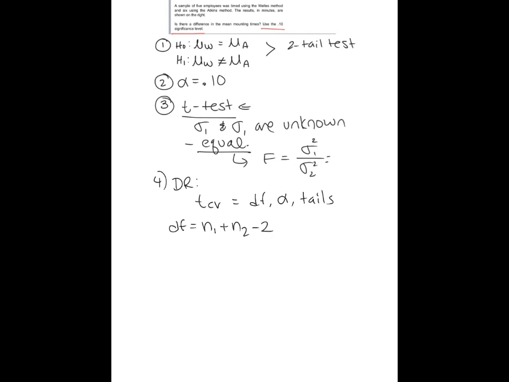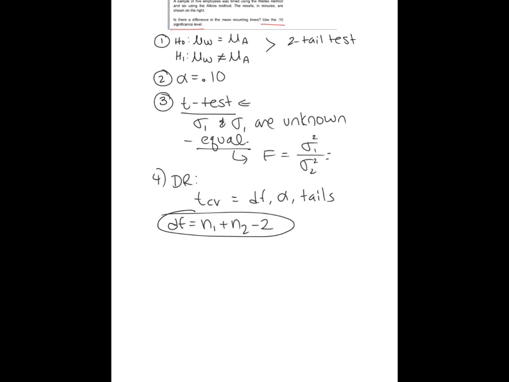There's a document that I uploaded called the 5 2-sample tests, and in it you'll see a division of all the different types of tests and the type of degrees of freedom that they have. In this case, n1 was equal to 5, n2 was equal to 6, so the degrees of freedom for this problem are 5 plus 6 minus 2, or 9 degrees of freedom.